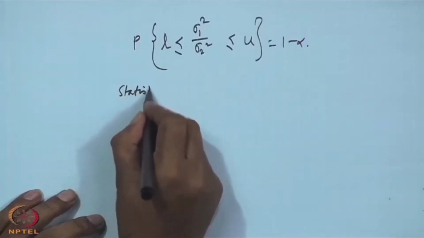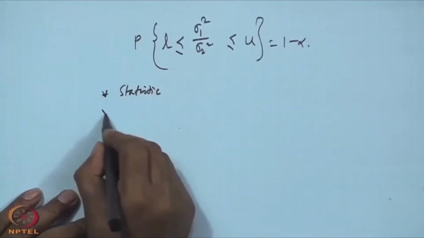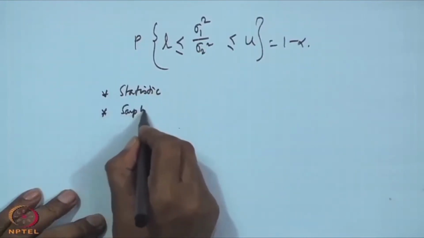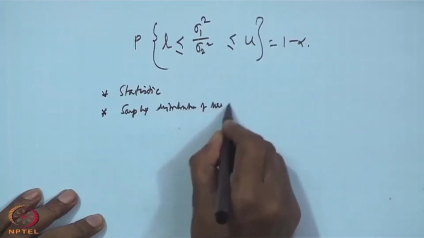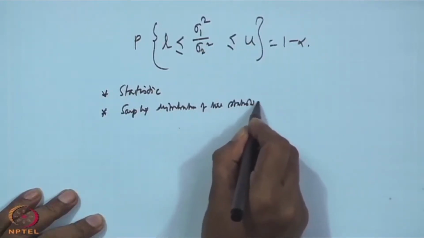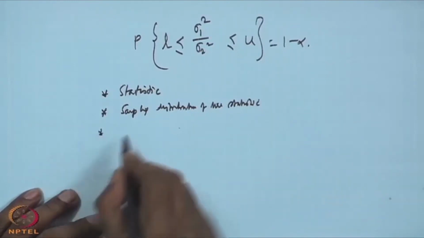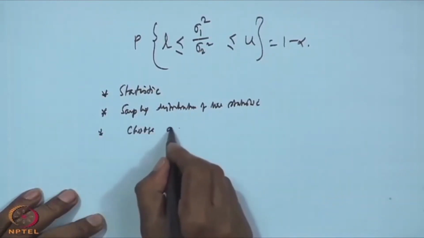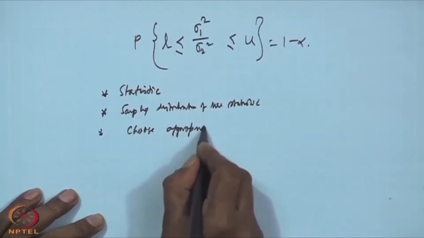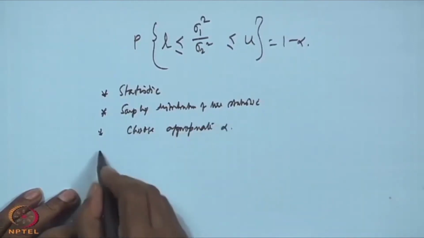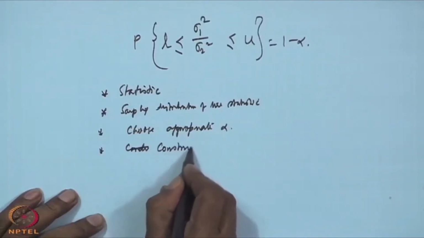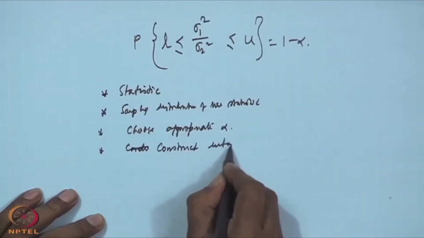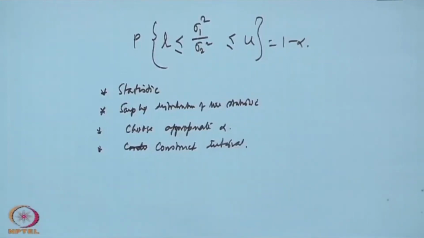So, a few things are important. You must know the appropriate statistic, then the sampling distribution of the statistic, then choose the appropriate alpha value that you want, and then construct the interval. These are the steps, and everywhere you are doing it like this only.